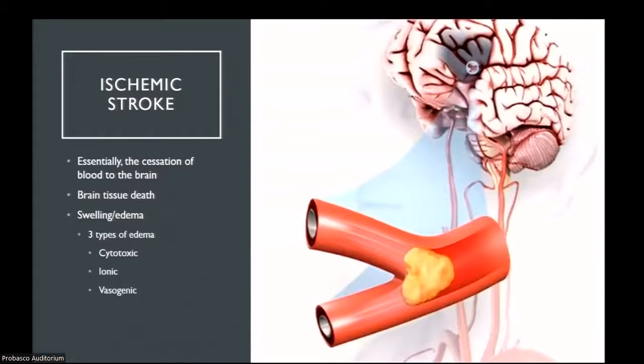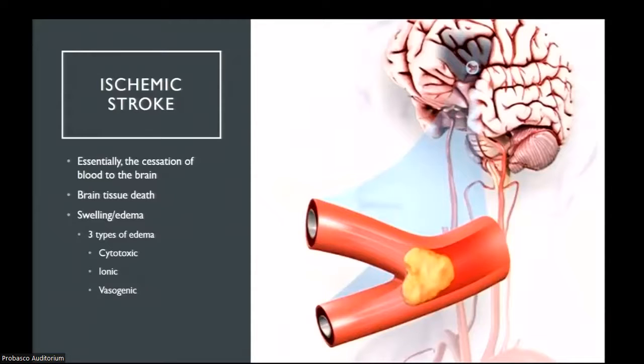So ischemic stroke, nice picture here, but for better or for worse, it's the cessation of oxygenation to the brain. Usually it occurs acutely in the setting of atheroembolus or cardioembolus, small vessel disease, and the like.